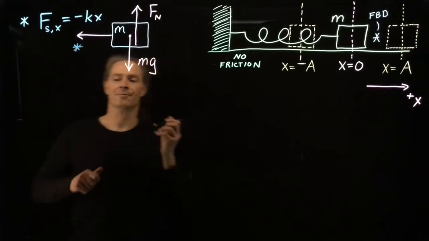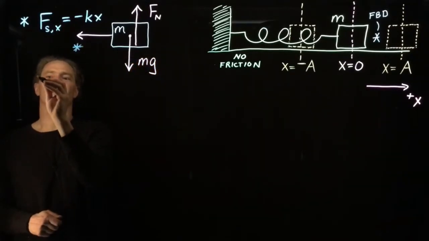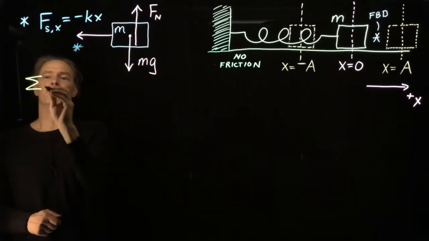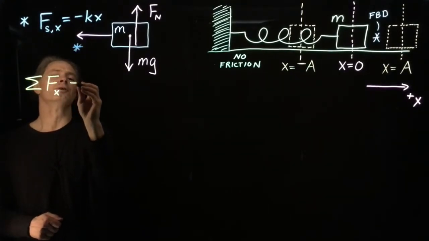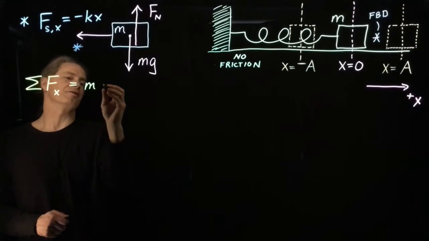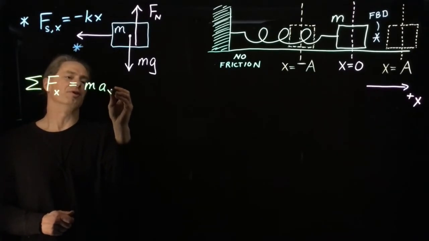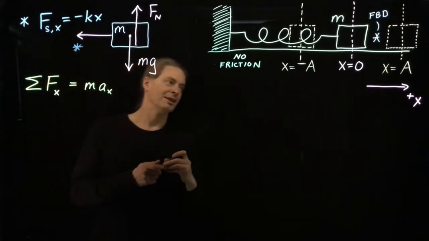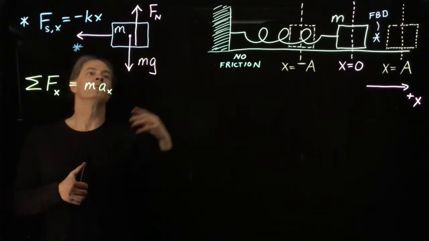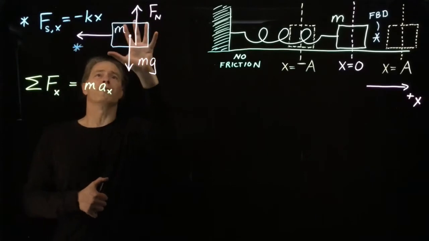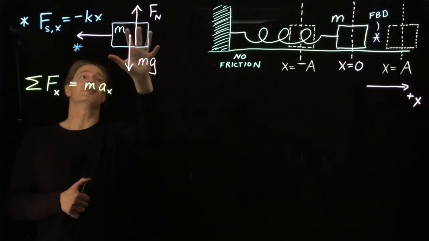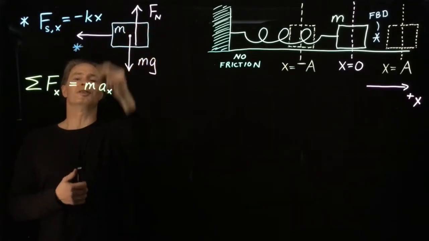All right, so I'm going to look at Newton's second law in the horizontal direction. Sum of the forces acting on the mass in the x direction will equal the mass times its acceleration component in the x direction. That's Newton's second law in component form. All right, so now we go look at our free body diagram. What forces do we have acting on this system in the x direction? Just this one.